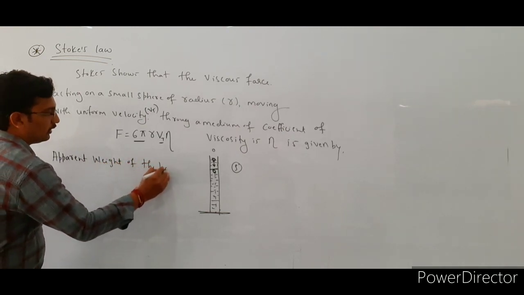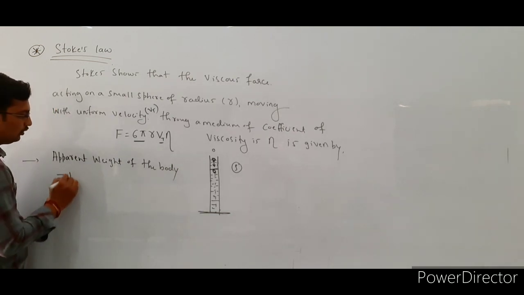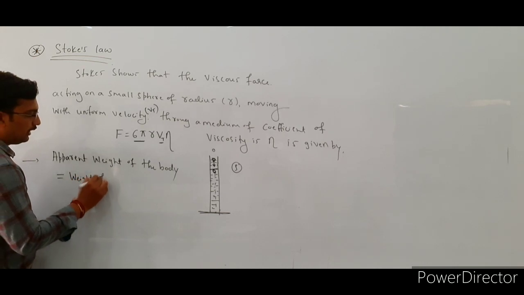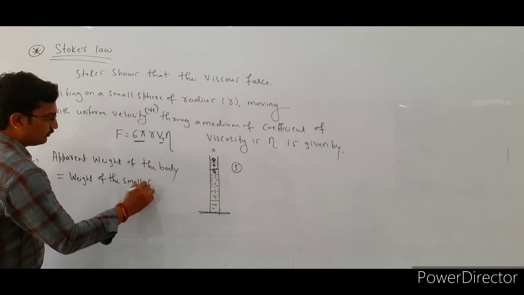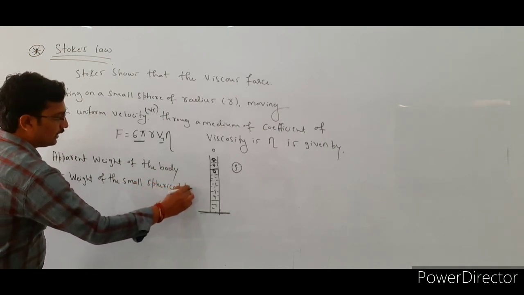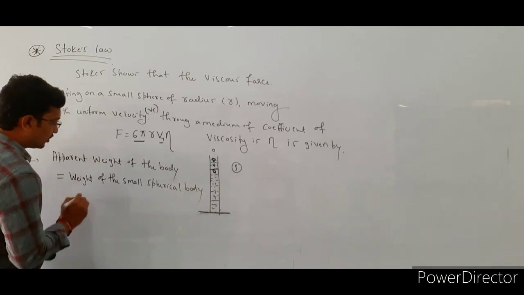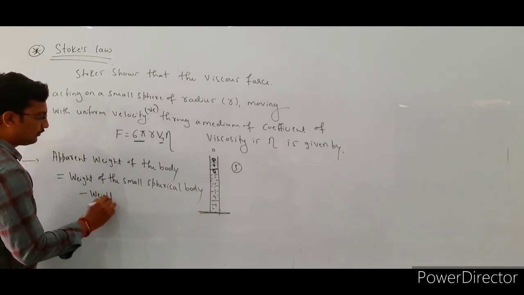The apparent weight of the body is equal to the weight of the small spherical body minus the weight of the liquid displaced.